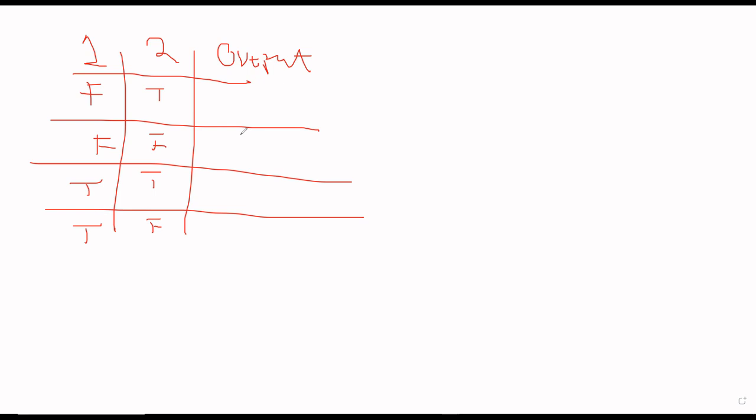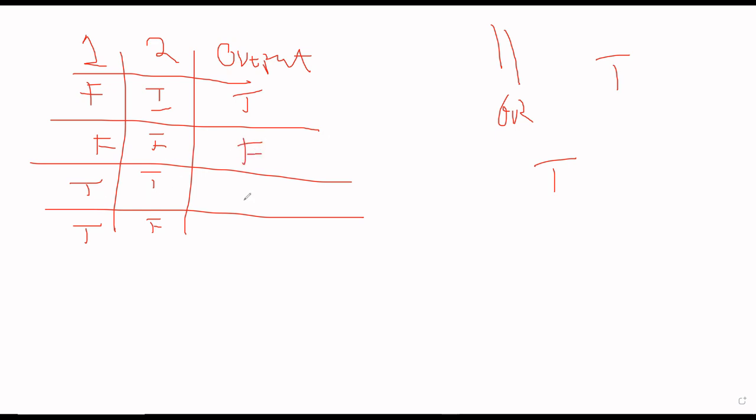Now, the OR operator says that if any one of the inputs, just one, is true, then the output is true. This is true, and this is true. The two are false, so this is false.